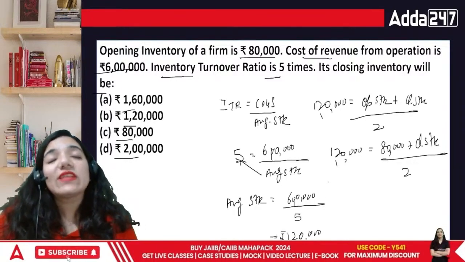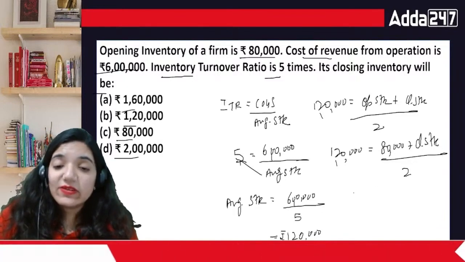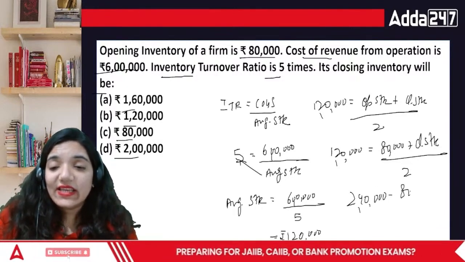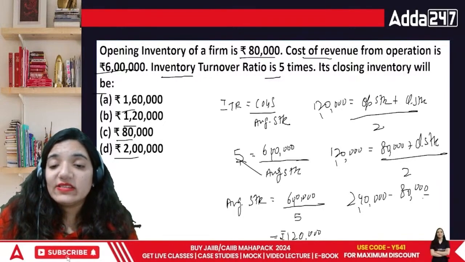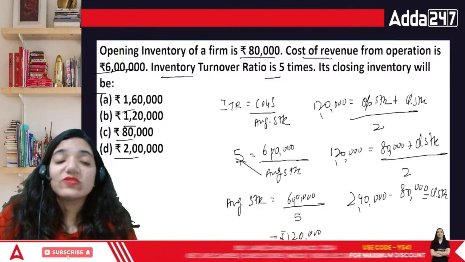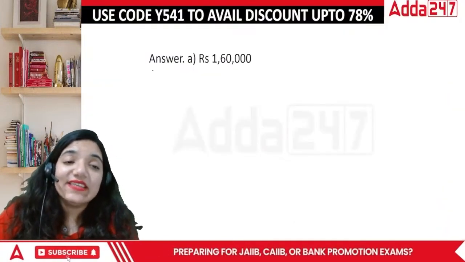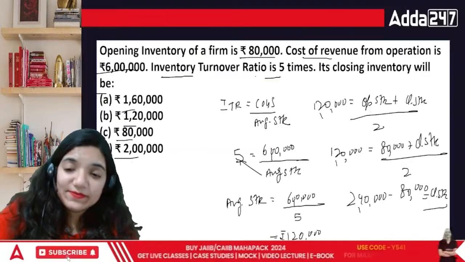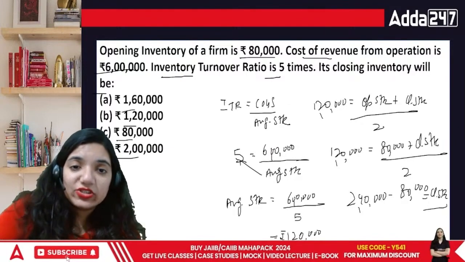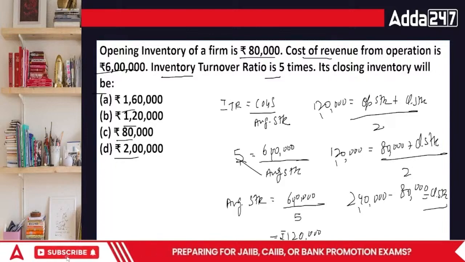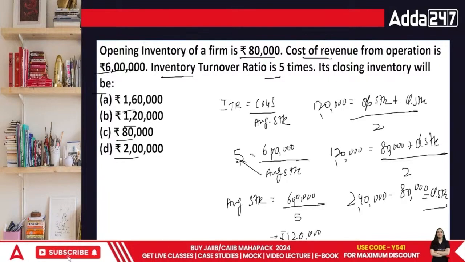Now from here we will calculate the exact answer. This will turn out to be 2,40,000 minus 80,000 is equal to closing stock. So the closing stock comes out to be 1,60,000. Done, everyone? Just look at the question. I hope it is helpful for you. Just give a quick look to it. You will be able to understand the concept.